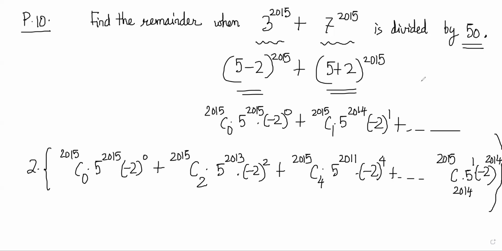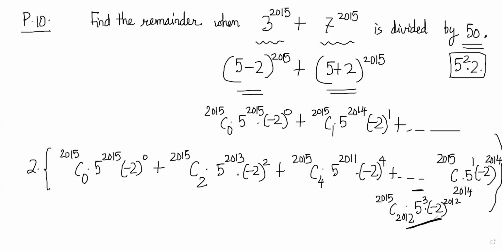So notice that 50 is what? 5 square into 2, right? So the second last term here is 2015 C 2012, no, not 13, 2012, and you have 5 power 3 and minus 2 power a large number, 2012.